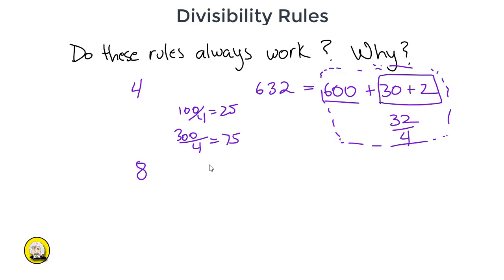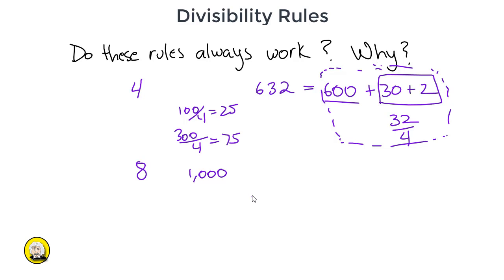And the rule for 8 works very much the same way. However, in this case, 8 is not divisible into 100, not evenly. It's 12.5 times 8. But 8 is evenly divisible into 1,000, or 10 to the third is the lowest power of 10 into which 8 evenly divides.